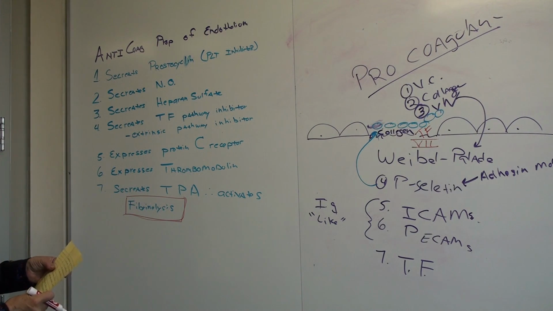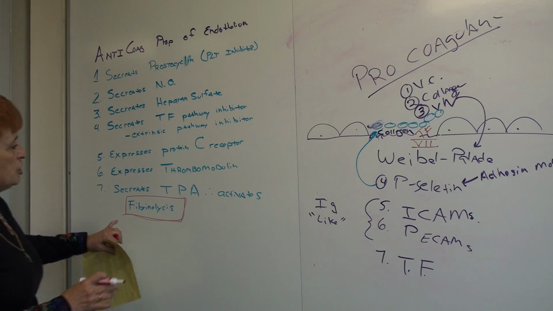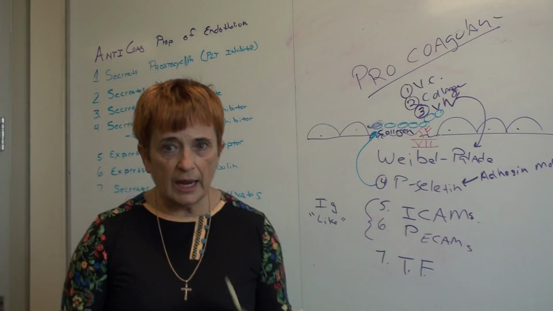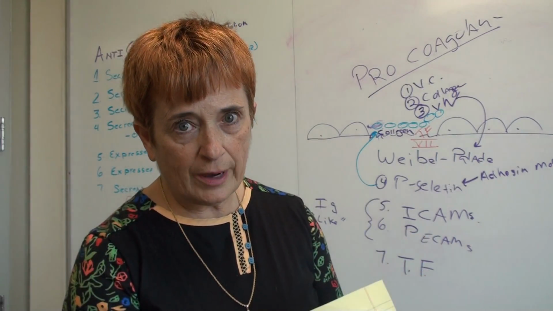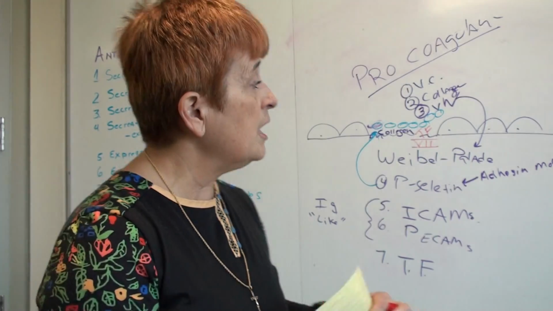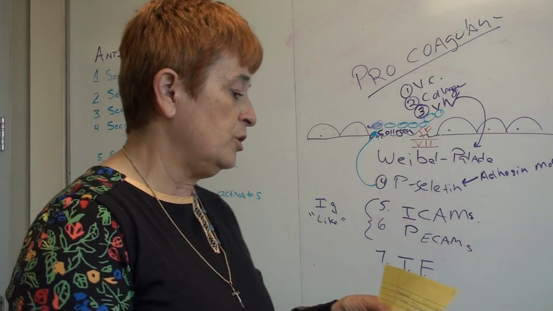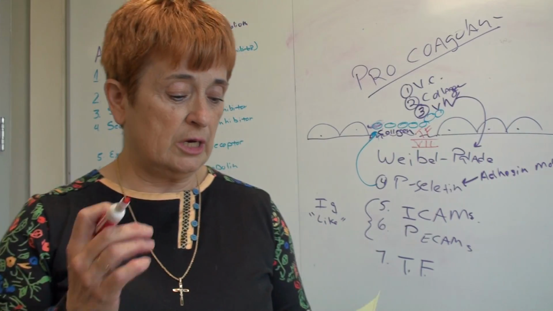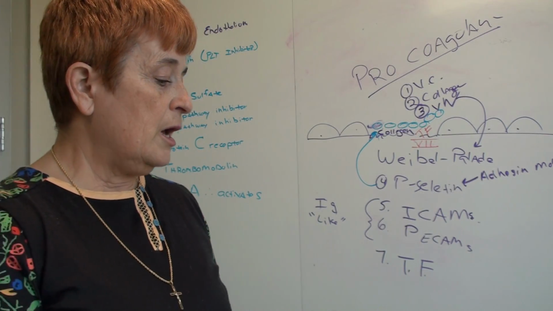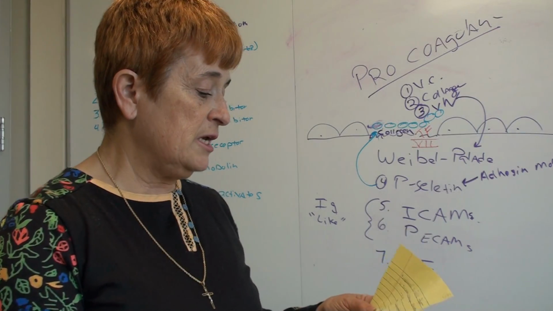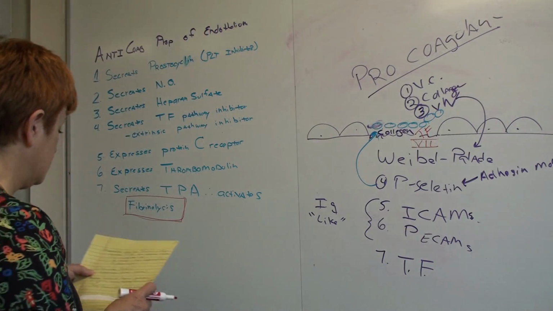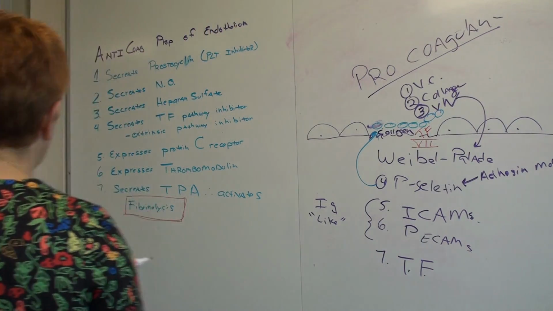And again, as I mentioned, when I make a clot, I'm automatically incorporating ways to dissolve the clot. And some of this has to do with your plasminogen, etc. The other fibrinolytic type of activity is it secretes your plasminogen activator inhibitor.